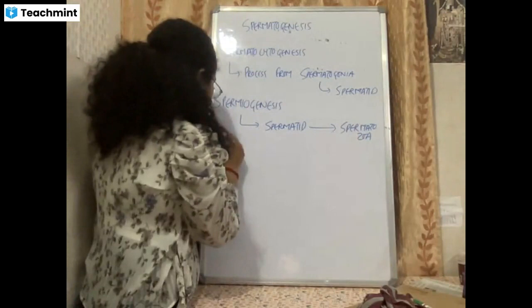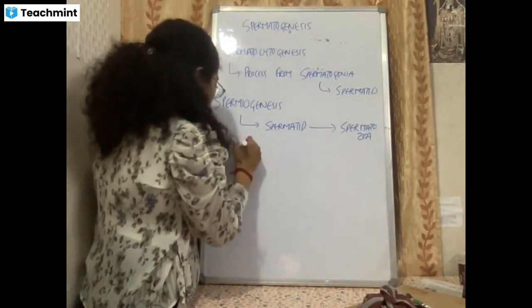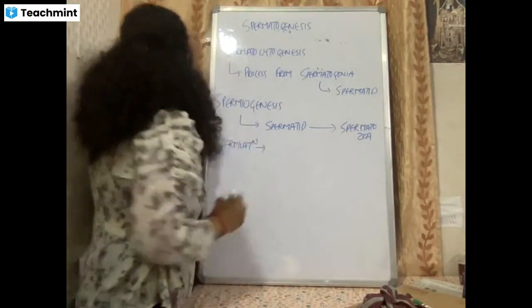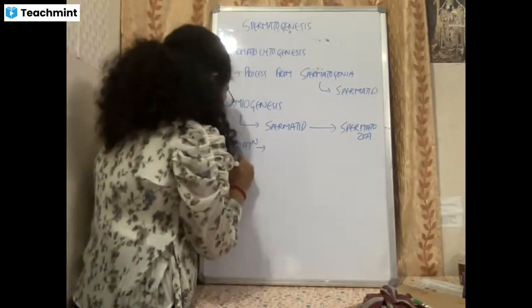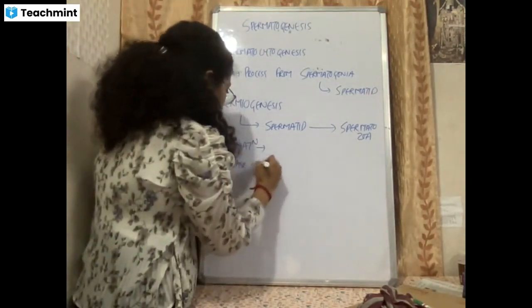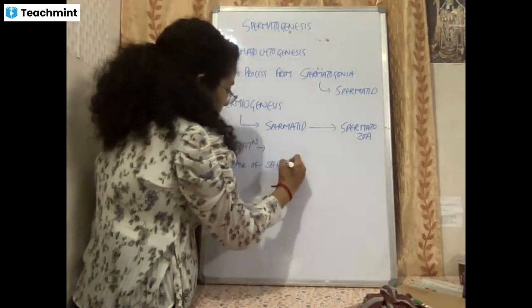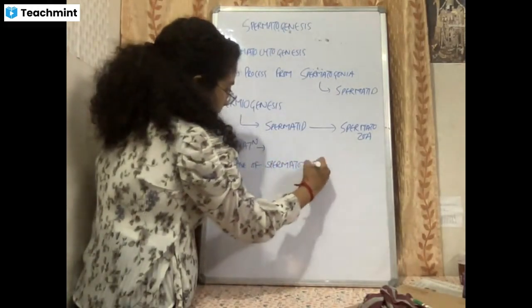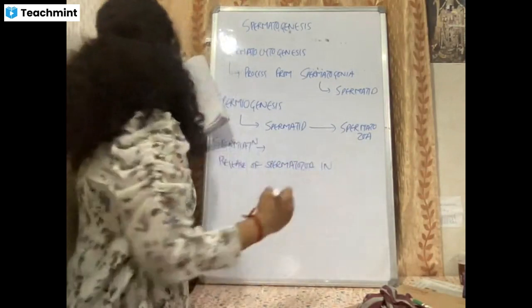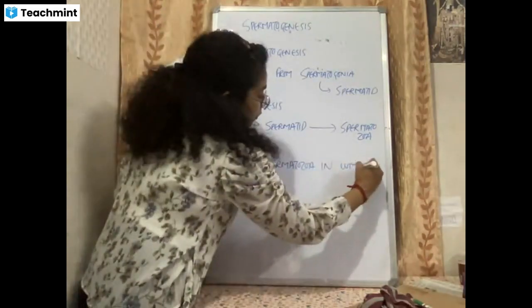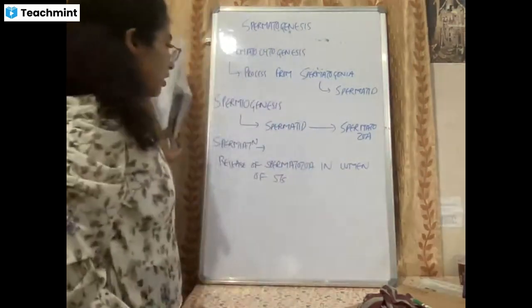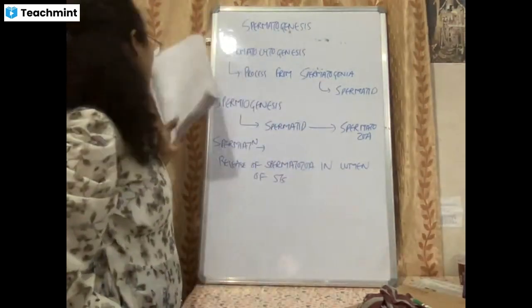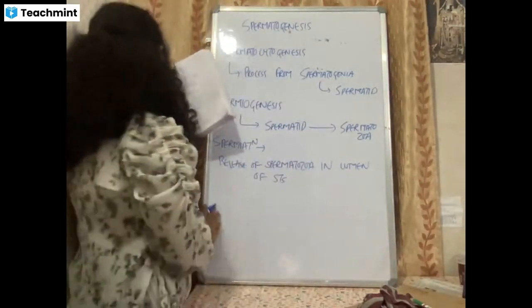Then we have spermiation. Spermiation means release of spermatozoa in the lumen of seminiferous tubules.